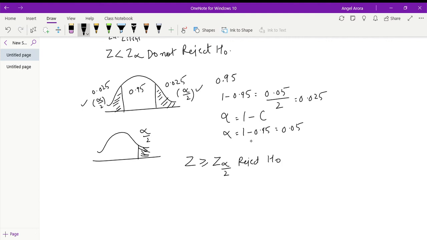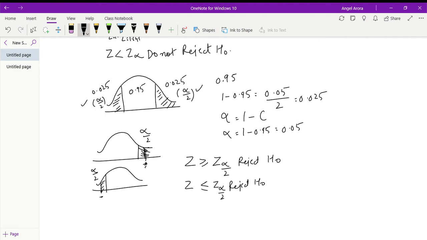And if the Z value comes out to be negative, so this area will be alpha upon 2. If Z is less than or equal to negative Z alpha upon 2, we will reject the null hypothesis. The basic funda is that Z should not fall in the rejection area. If it falls in the rejection area, same rule that we followed in one-tail test, then we will have to reject the null hypothesis. I hope I made this whole concept clear.